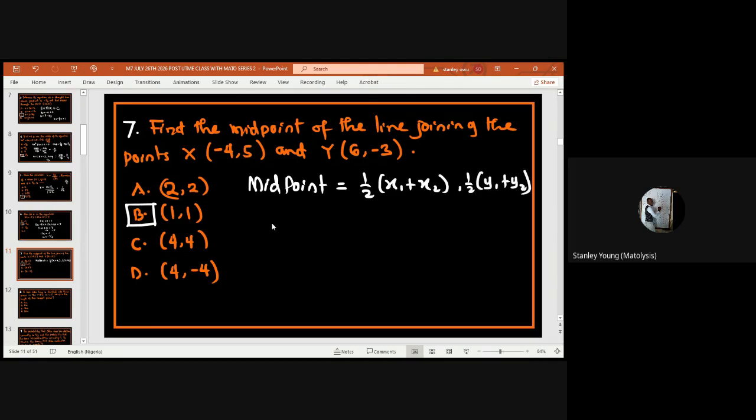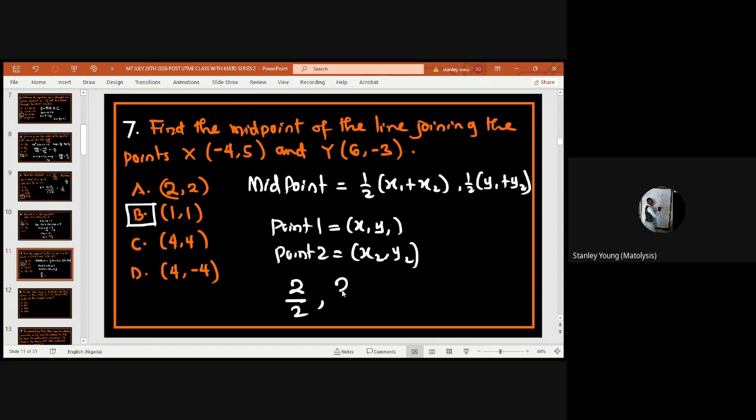That's if the question gives you a point as x1, comma y1, and gives you another point as x2, comma y2. Like I said, a smart student should just take this and this divided by 2. Minus 4 plus 6, that's 2, so you have 2 over 2, comma, 5 plus negative 3, that's 2 over 2. So that gives you 1, comma 1.